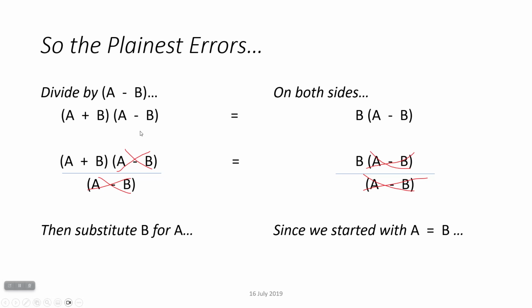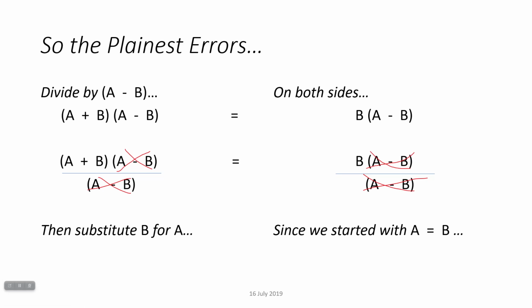So if I have 0 here and I'm canceling a minus b on this side and a minus b on this side, what I'm effectively doing when I cancel is dividing by a minus b on both sides. And when I divide by a minus b, we said a equals b to begin with, so that's really 0. I'm dividing by 0.